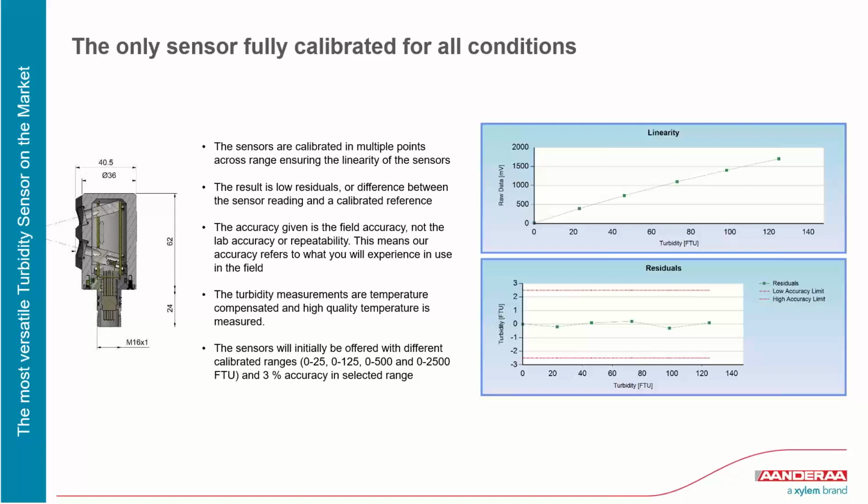This does not only apply to turbidity, it also applies to all the other sensors that we do multi-point calibrations on. At this time, sensors are delivered in four different ranges, which you can see at the bottom here, and we have a 3% absolute accuracy in the selected range.